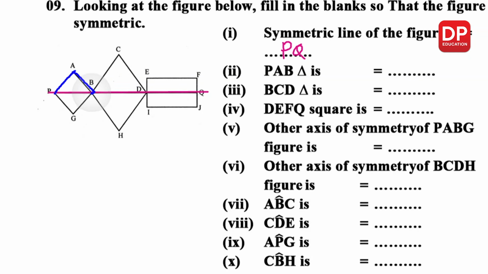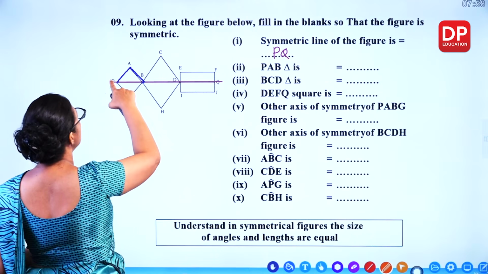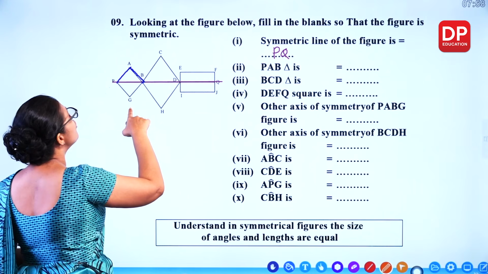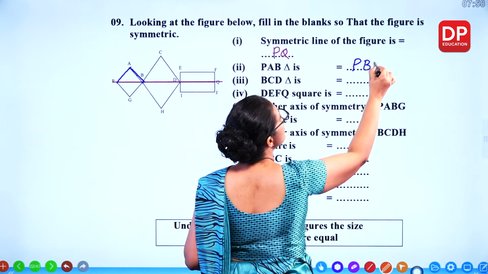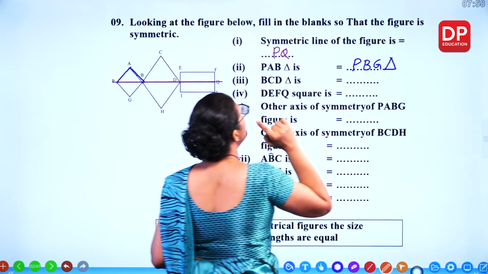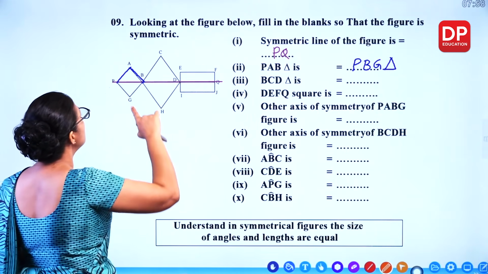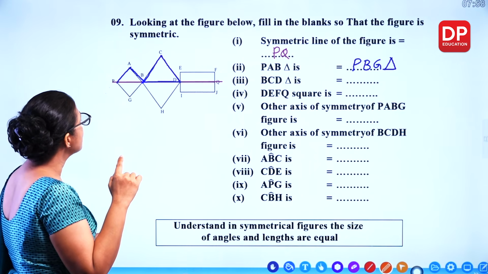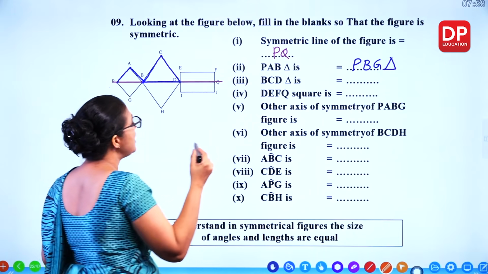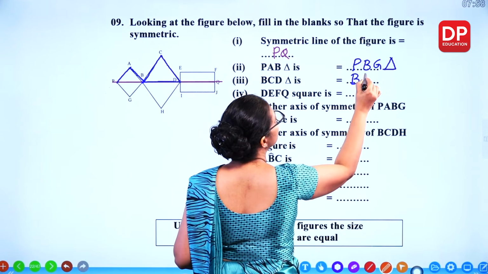So what's the other triangle? PGB or PBG. PBG triangle. BCD triangle. This one. So what's the other part? Equal part. BHD or BDH triangle.